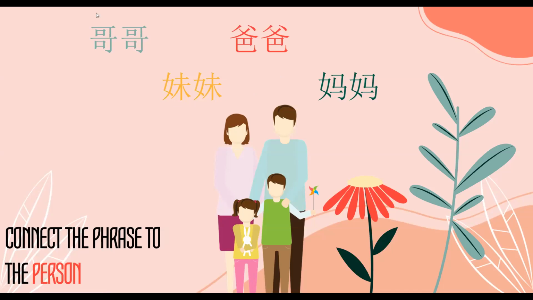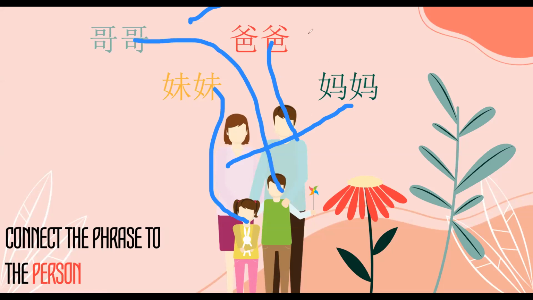If you can see, it's like a little pencil. And we can draw lines to connect what word is up here to the person underneath. The blue one is doing really well here. Yeah, that's good. So let me just clear it and everyone else can try.